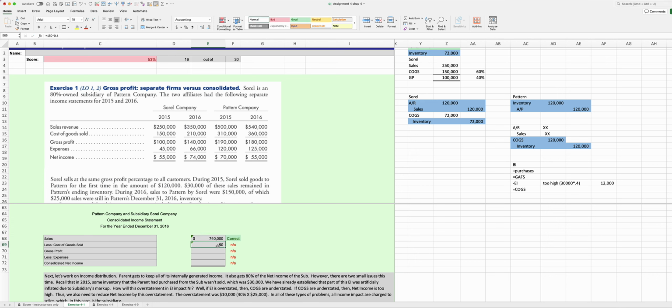Again, for cost of goods sold, we're going to assume that everything that was sold between the affiliates was completely sold out, and then we'll adjust it accordingly to whatever was left behind. So with the same logic as before, we start by adding the cost of goods sold given to us here for 2016 for Sorrel, $210,000.